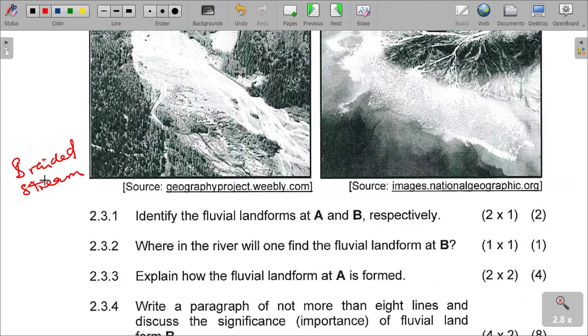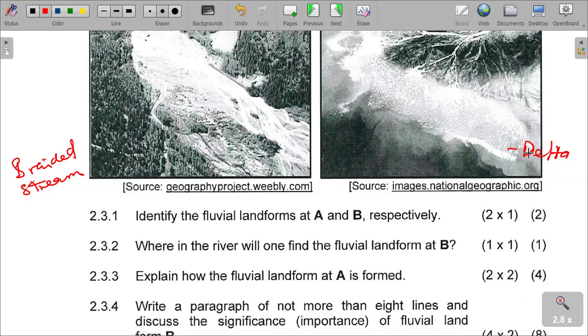And then B, you can see that this is a delta. A delta is being formed as the river is emptying all its waters towards the sea. B is a delta.